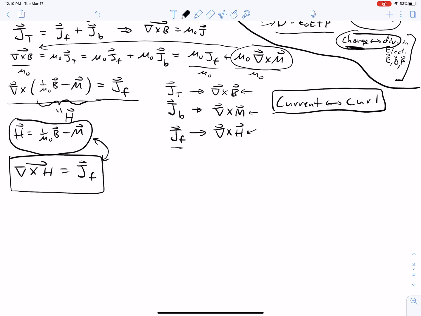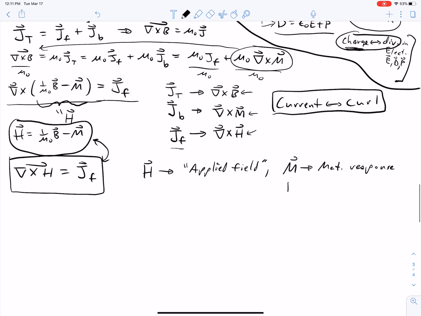First, when you think about H, you should think of it sort of like the applied field. M is sort of the material response, and then B you can think of as the total field.